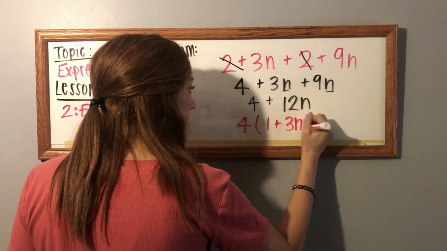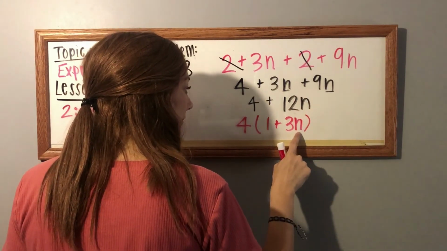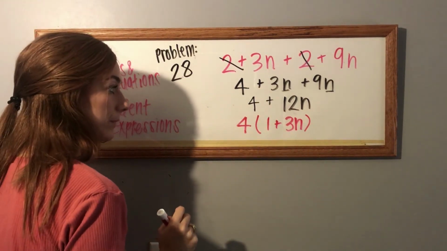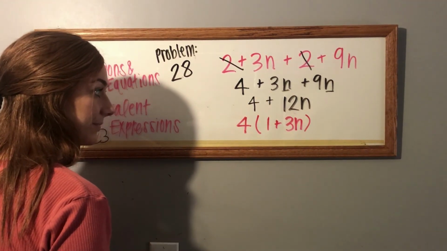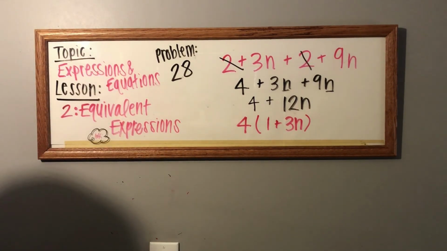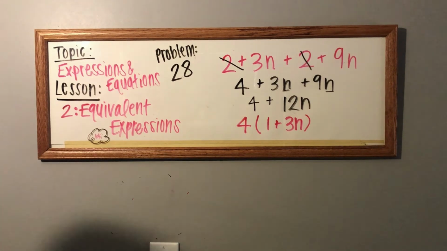But if I don't add my variable n into my parenthesis and I just left it as 3, I would do 4 times 1, which is 4, and then 4 times 3, which is 12, add them together, and you get a final answer of 16, and you forget all about your variable.